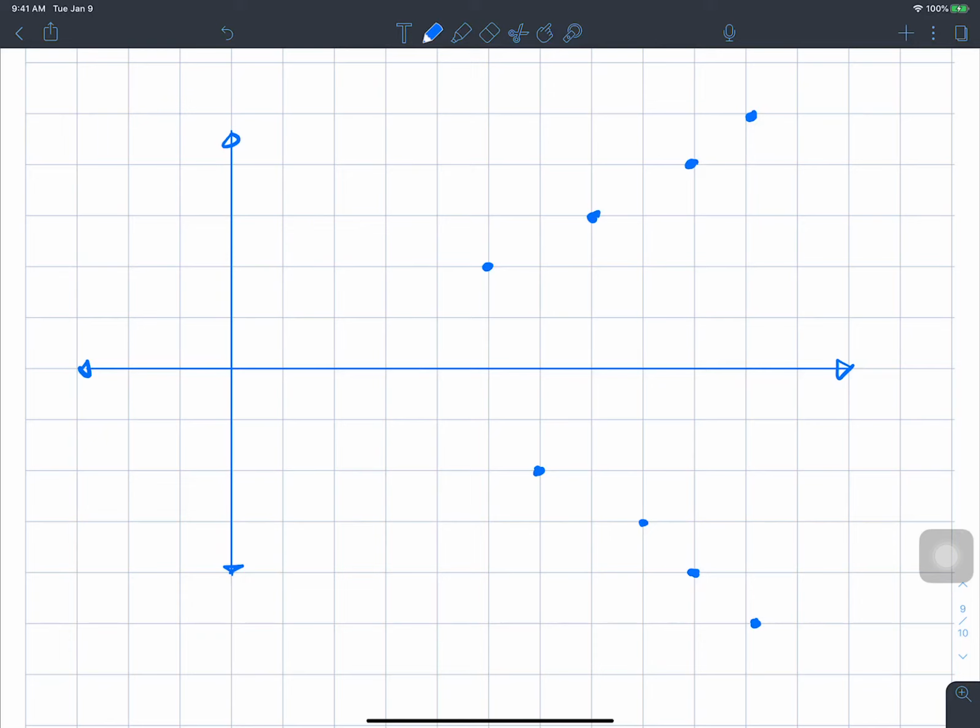So this could be a 500, a 501, a 502, a 503, a 504, a 505, a 506, a 507. They're alternating forever in these opposite directions.